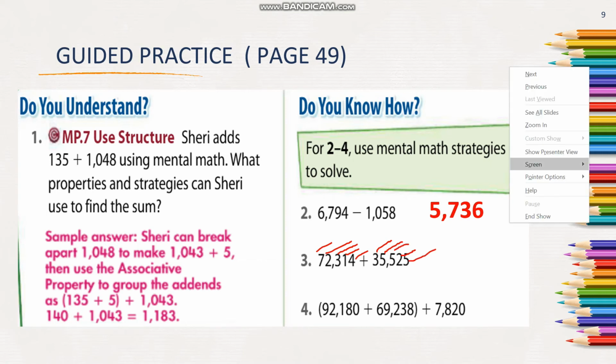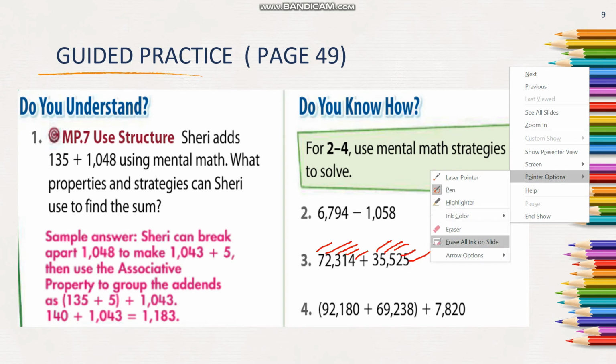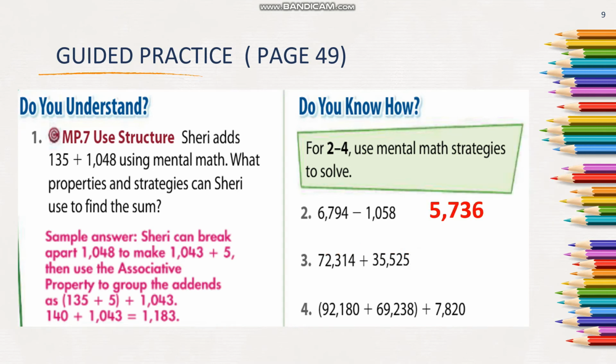Then after that, I'm going to add all the digits in the 10,000s place. So this is 70,000 plus 30,000. I have 100,000. And the next one is 2,000 plus 5,000. I have 7,000.